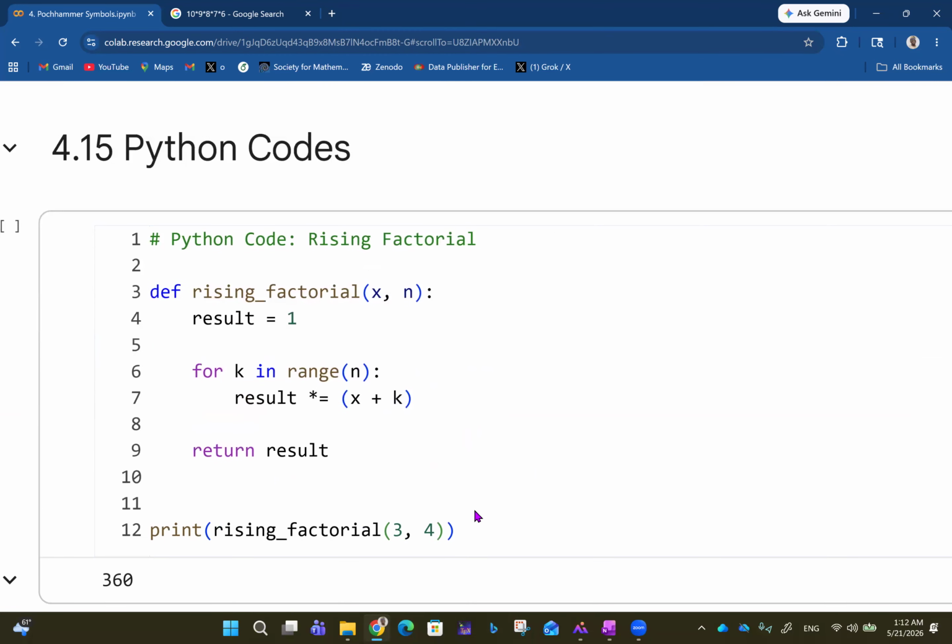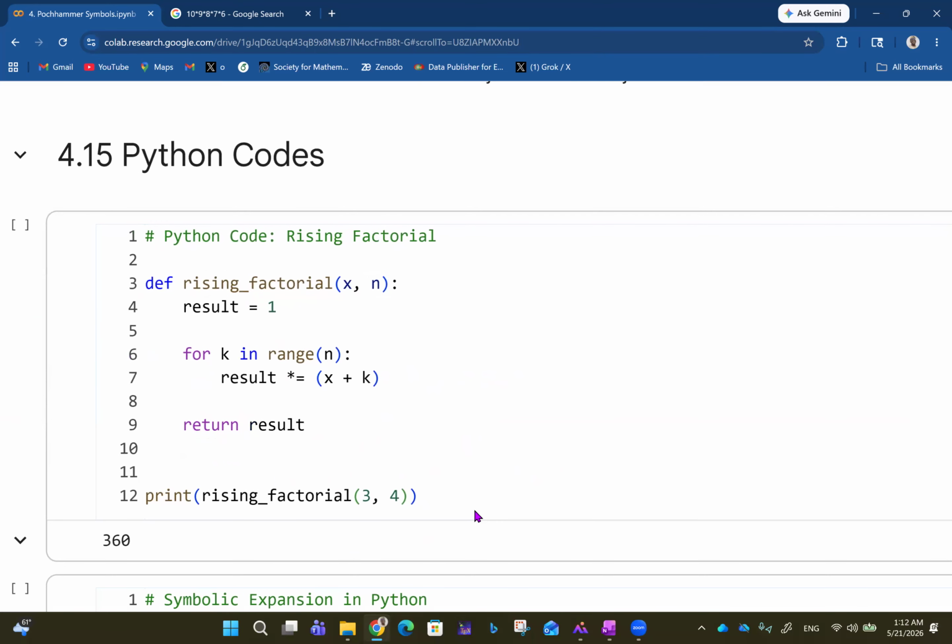Then we have Python code for this now. For rising factorial, you define a function, rising factorial of x and n, and the result is one. That's initialization. Then for k in range n. If you fix whatever your n is, like here, x is 3 and n is 4. So that's 3 times 4 times 5 times 6.